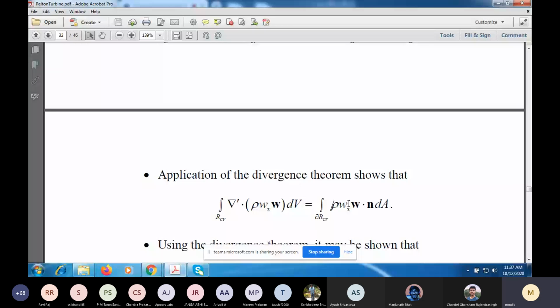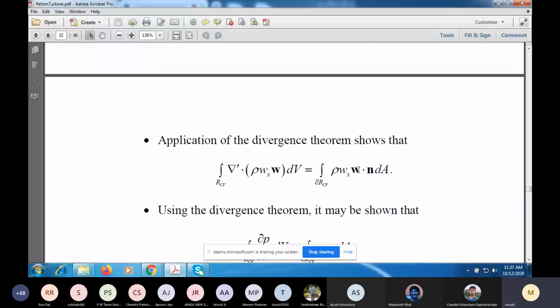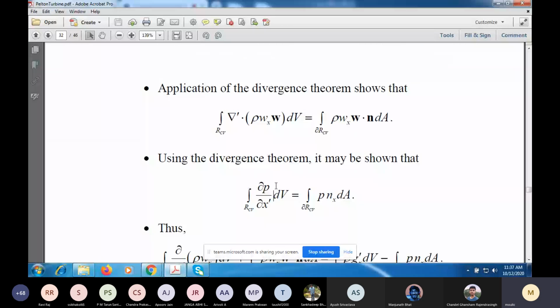So the middle term, the volume integral in the second term on the left hand side, I can convert to a surface integral. And similarly, the last term here, del p del x, we have discussed this before. One can use the divergence theorem, I left it as an exercise, and write it as P n_x dA.